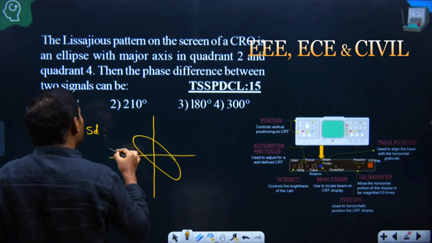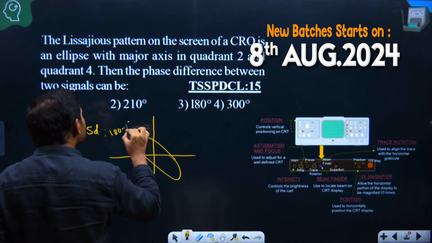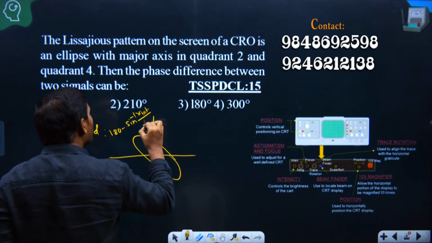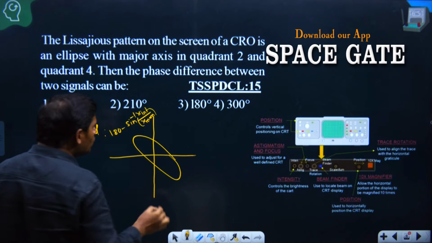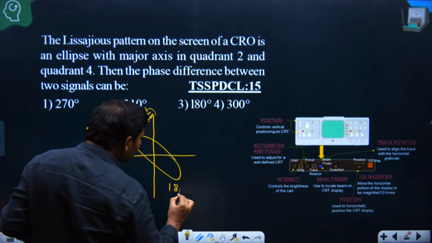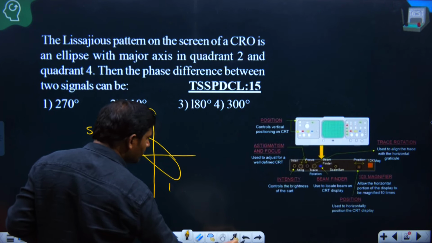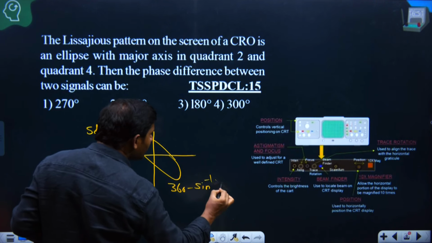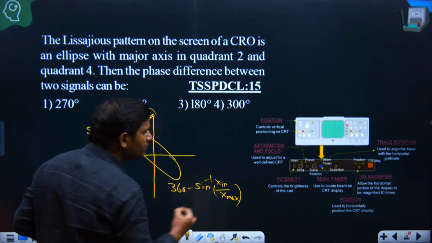We know this: in quadrant 2, it is calculated as 180 minus sine inverse of x intercept by x max. In the fourth quadrant, we have to use 180 plus sine inverse, or 360 minus sine inverse of x intersection by x max or y intersection by y max.